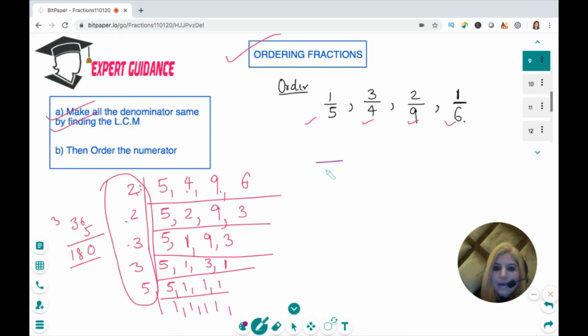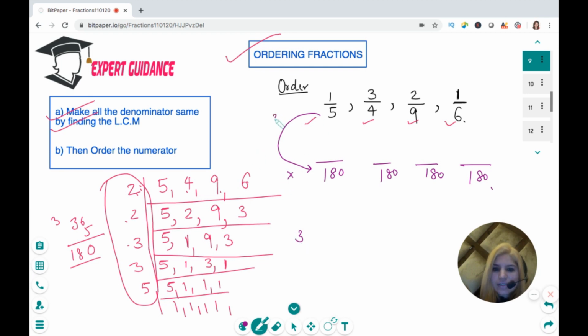Now we will convert everything into 180. Now 180 divided by 5. So what number do you multiply 5 with to get 180? It's 36.